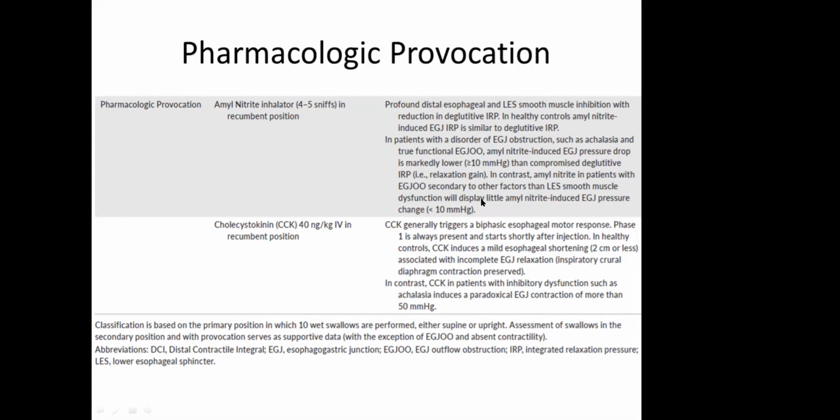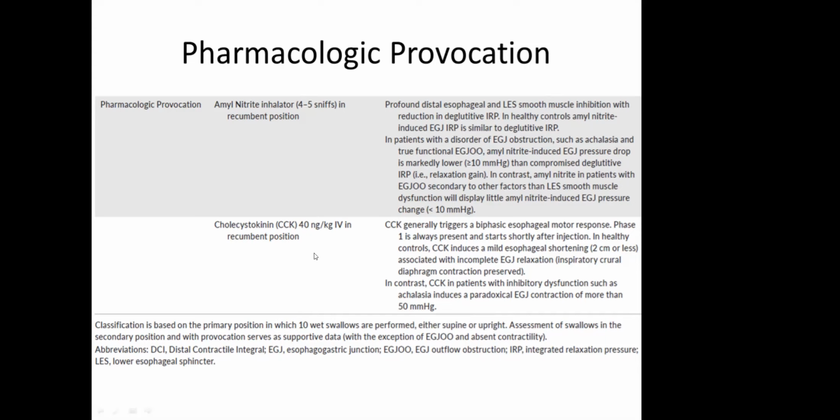For example, in patients with EGJ outflow obstruction, after giving amyl nitrite, you'll see a significant drop in EGJ pressurization, suggesting muscular dysfunction. But if the cause is not due to smooth muscle abnormalities, then sometimes the reduction won't be significant, usually less than 10.